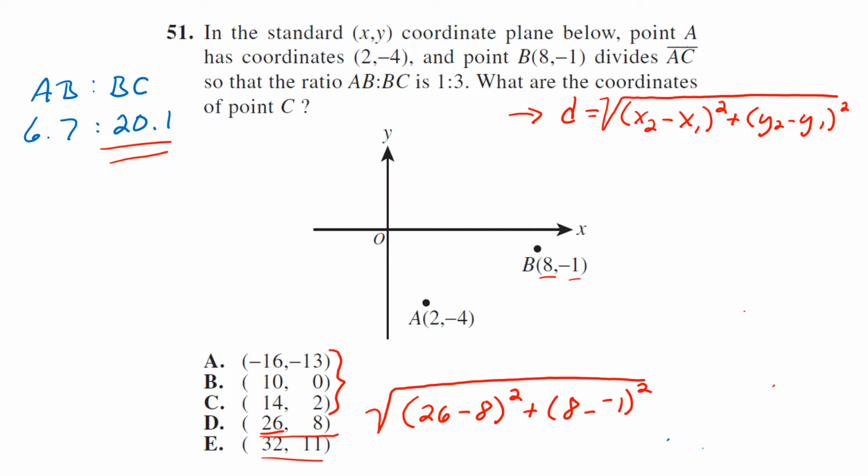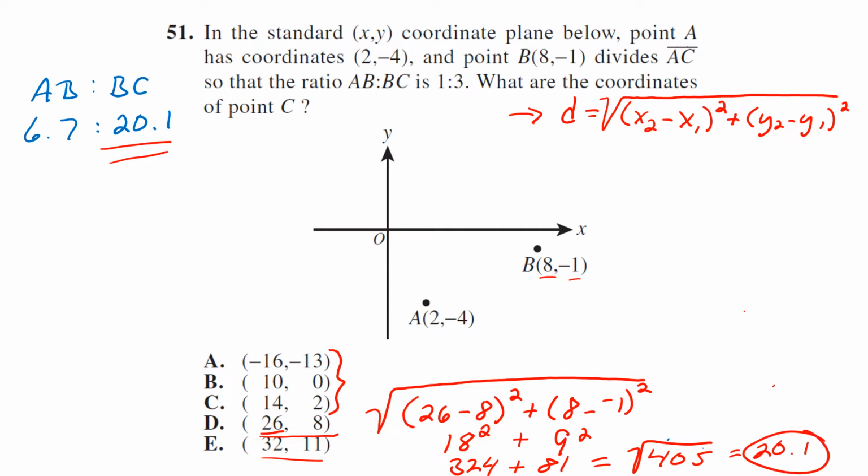So we get 18 squared plus 9 squared. 18 squared is 324. 9 squared is 81. Added together, those are 405. And then we want to take the square root of 405. And that does equal 20.1. So that's our answer. So D.